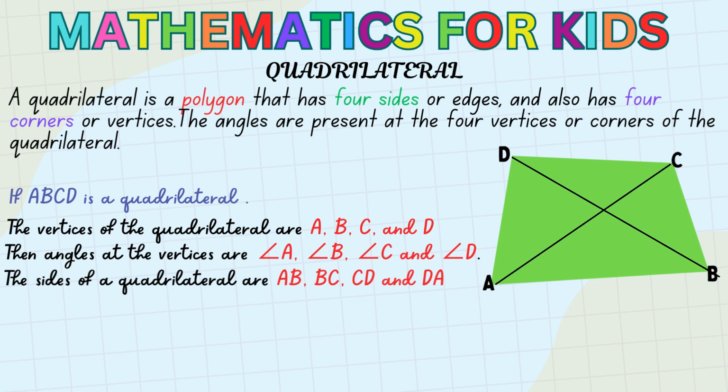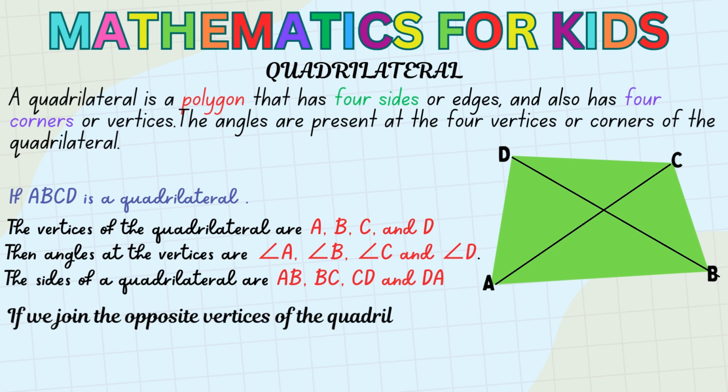Now, if we join the opposite vertices of the quadrilateral, we get the diagonal. Here we have vertex A is opposite to vertex C, and vertex D is opposite to vertex B. So, if we join these opposite vertices, we get the diagonals. And here the diagonals are 2.